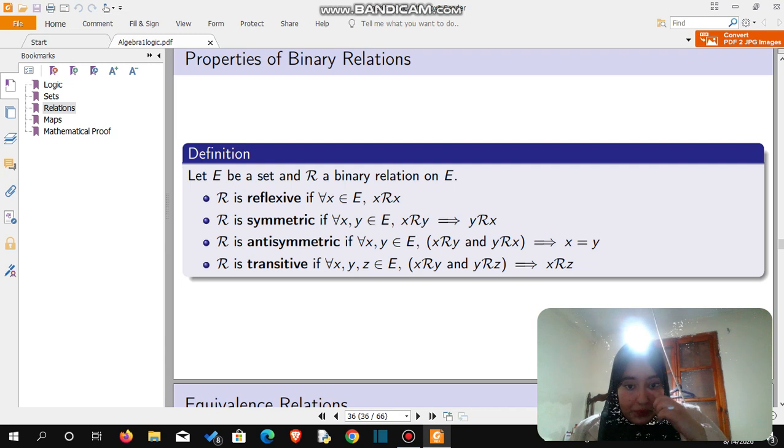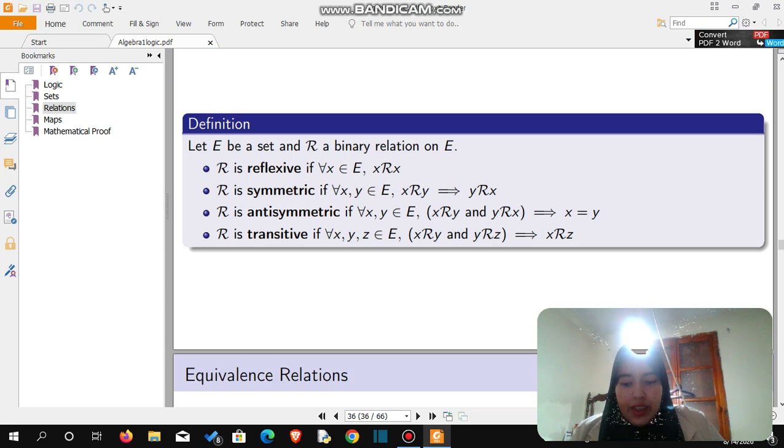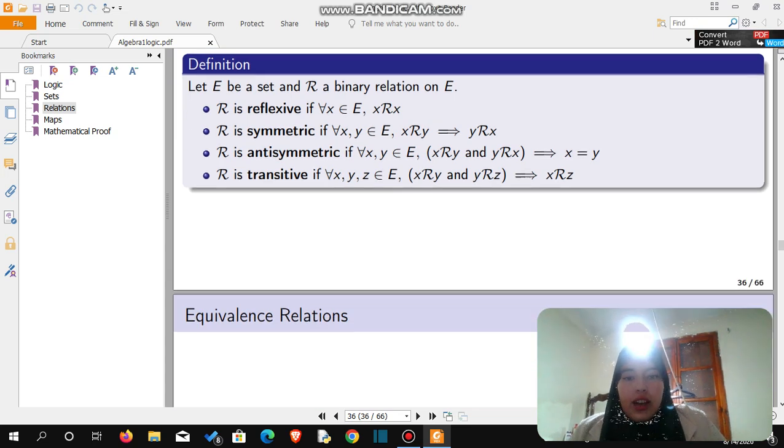Antisymmetric: if x and y are in E, x R y and y R x imply that x equals y. Transitive: if x, y, and z are in E, x R y and y R z imply that x R z.